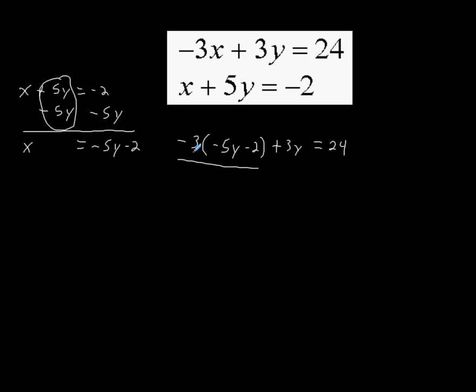Let's do distributive property here. You have negative and a negative makes a positive 15y. Negative 3, negative 2 makes a positive 6, plus 3y equals 24. Combine your y's, gives you 18y plus 6 equals 24.